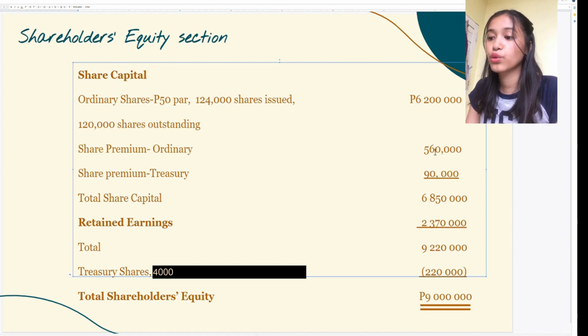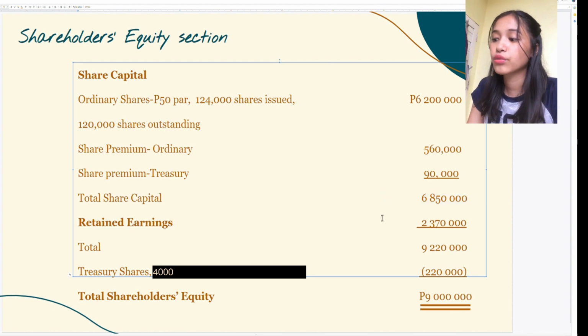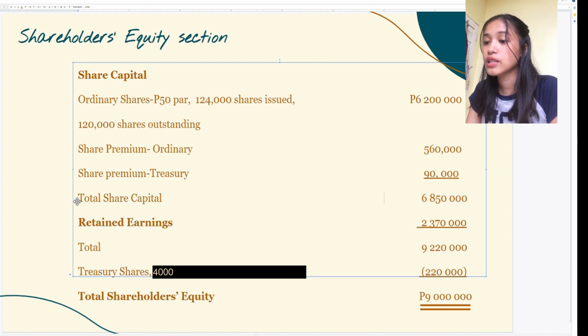The share premium ordinary account has a total of 560,000 pesos, and the share premium treasury has a total of 90,000 pesos. We are going to add these three and we will get 6,850,000 pesos. This represents the total share capital.